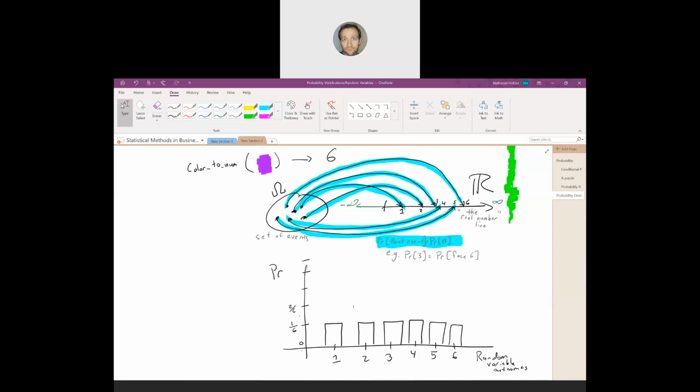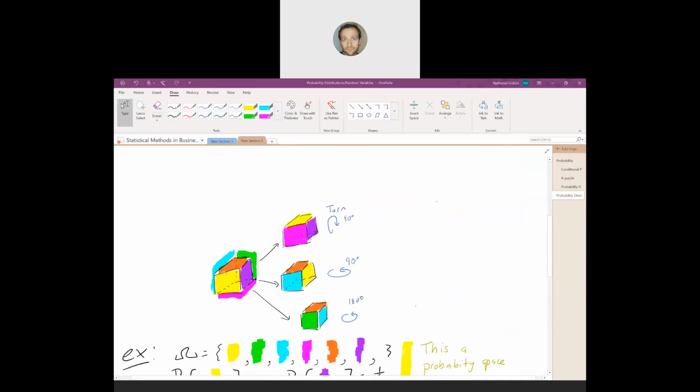And the reason why I like the probability distribution wording better, because I think that this is a good way to, in your head, think about what a random variable is: it's a distribution. In the same way, you can't talk about this cube. I mean, is this cube yellow? It's not yellow. It's a bunch of different colors.